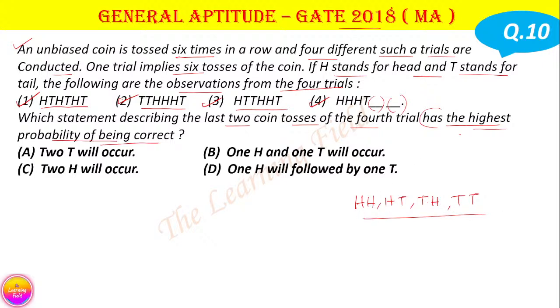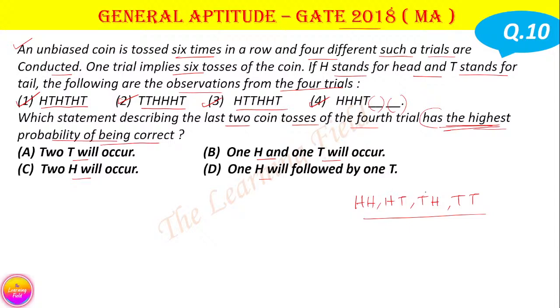Now it says the highest probability. Since in the given options there is no ordering of head and tail, the options say 2 tails, 2 heads, 1 head and 1 tail, and one head followed by a tail. Here we get the option that 1 head and 1 tail will occur, with no ordering.